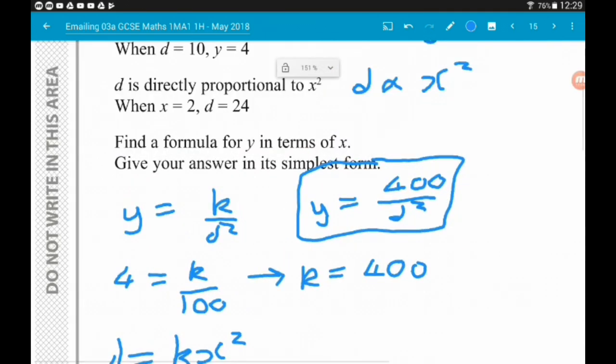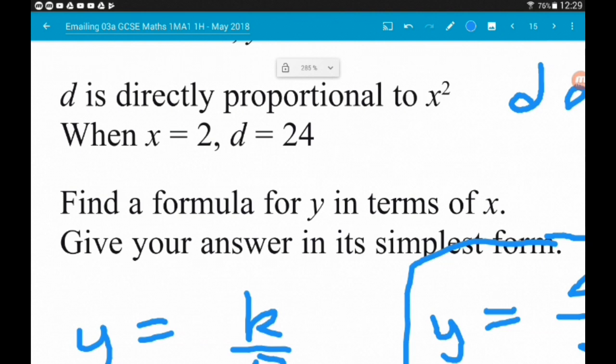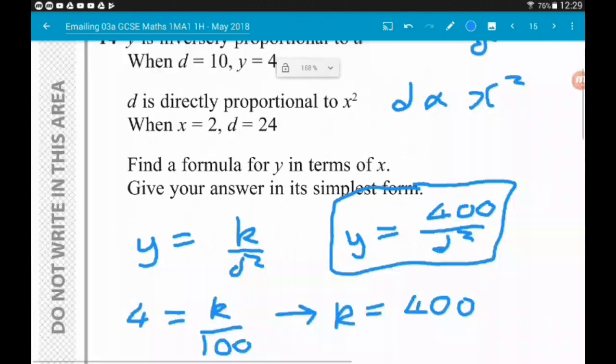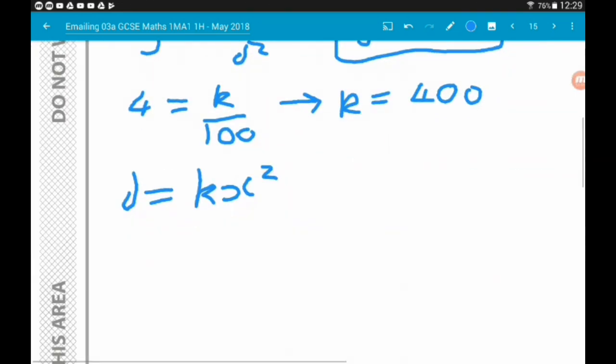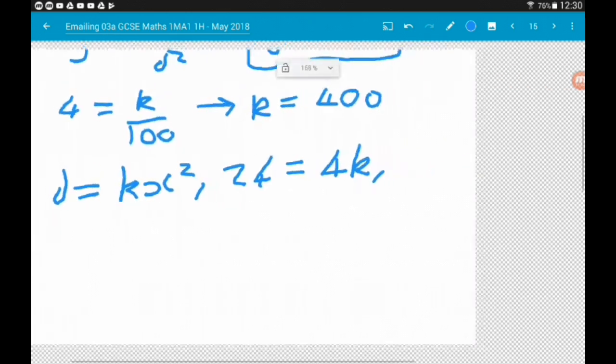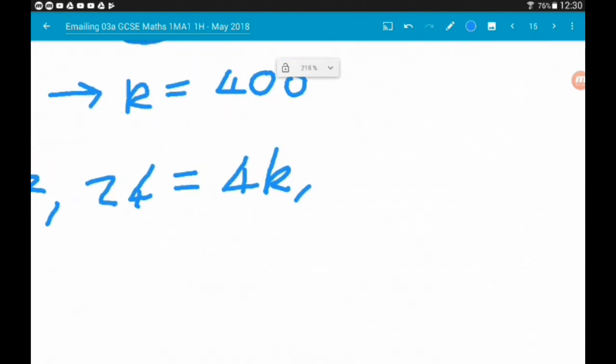So we sub in the values that we're told. So when x is 2, d is 24. So we know then 24 is equal to k times 2 squared. So k times 4, 4k. So if we then divide both sides by 4, we get k is 6.